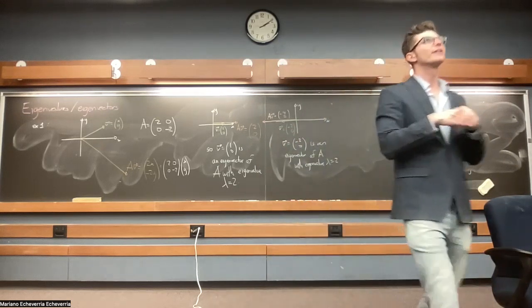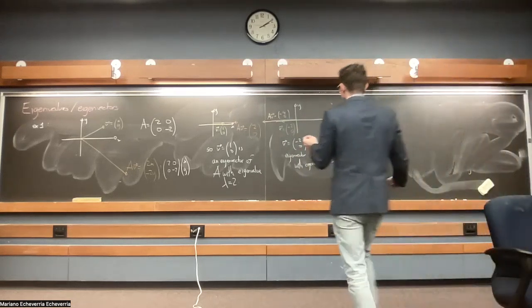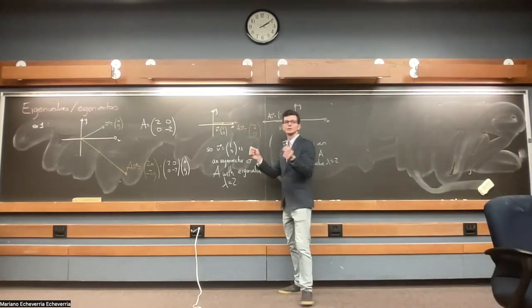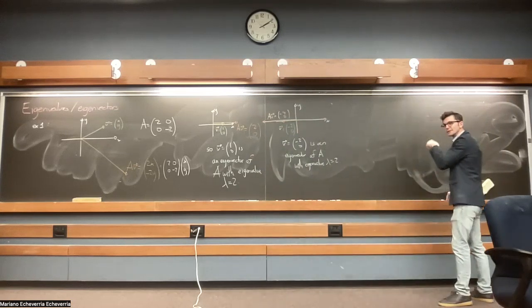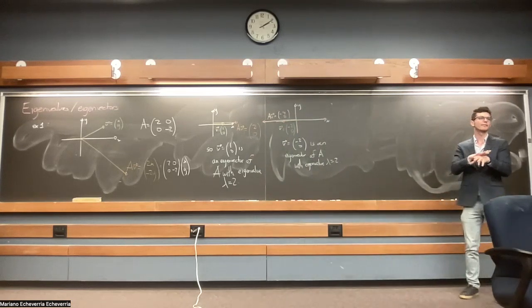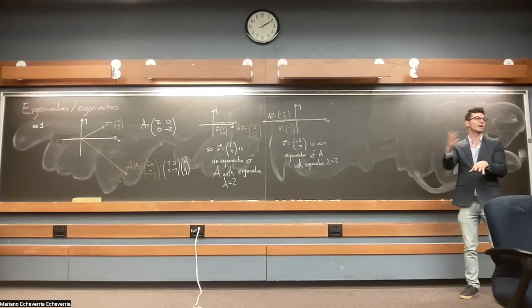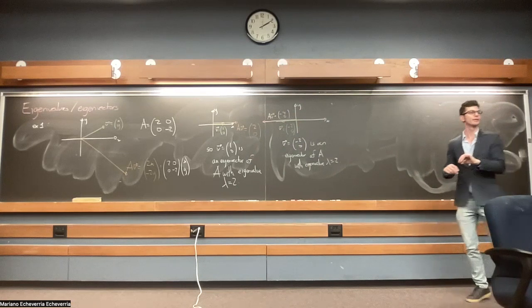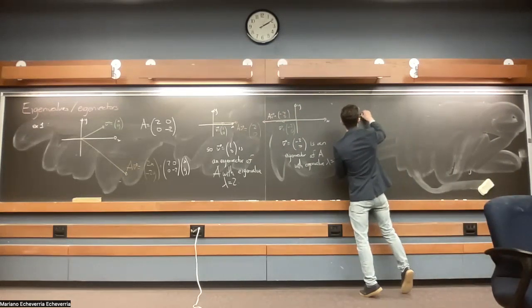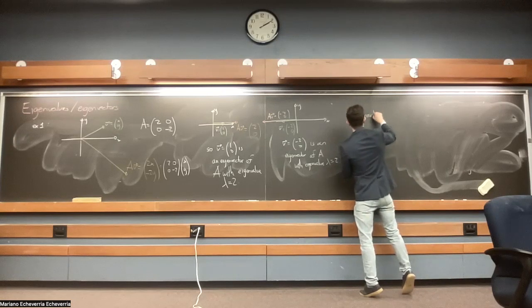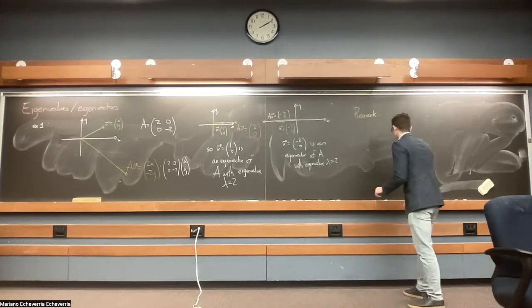Okay. So in fact, this rescaling shows you something else, which is an important property. Let me write it explicitly: if you find an eigenvector, any multiple of that will still be an eigenvector associated to the same eigenvalue. So let me write that as a remark. Well, any non-zero multiple, because again, we don't allow the zero vector as an option.